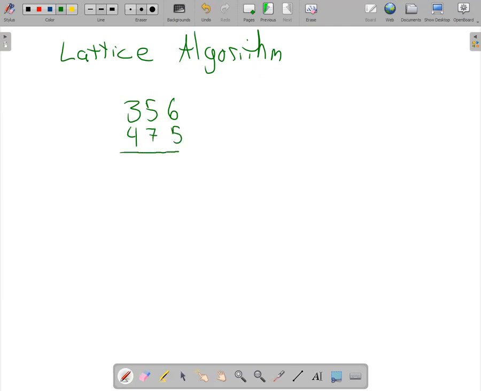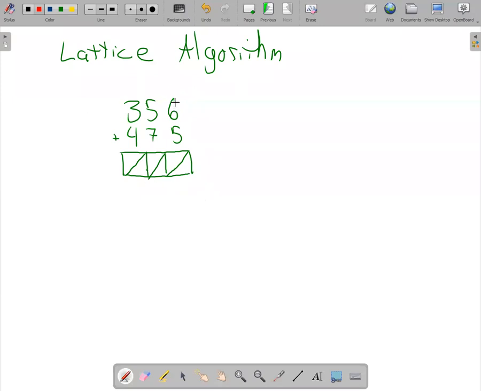What they do underneath with the lattice algorithm is they actually draw in columns for the answer below, and they turn this into a grid. And then they make diagonals from the upper right to the lower left for each of those. So when you put all the sums at the bottom, it stays clean. And it doesn't matter where you start this.